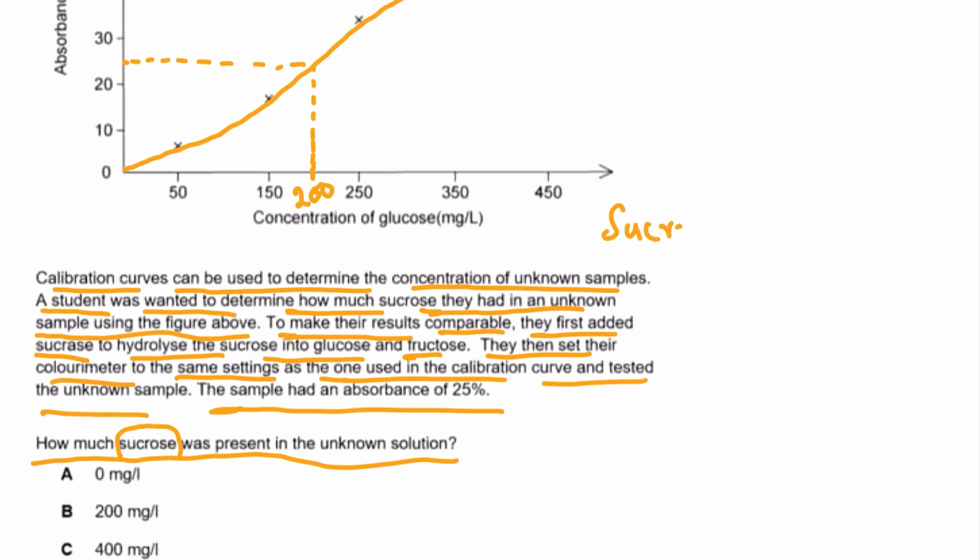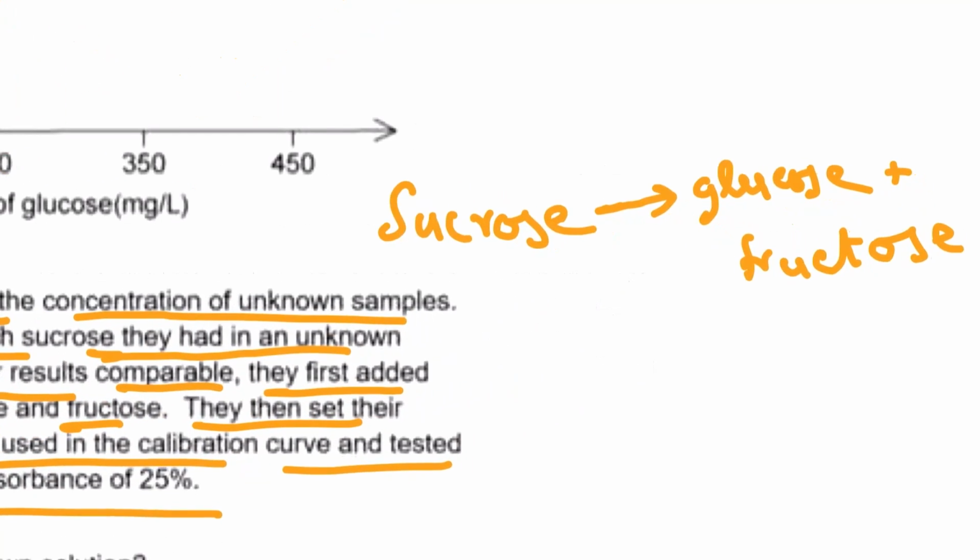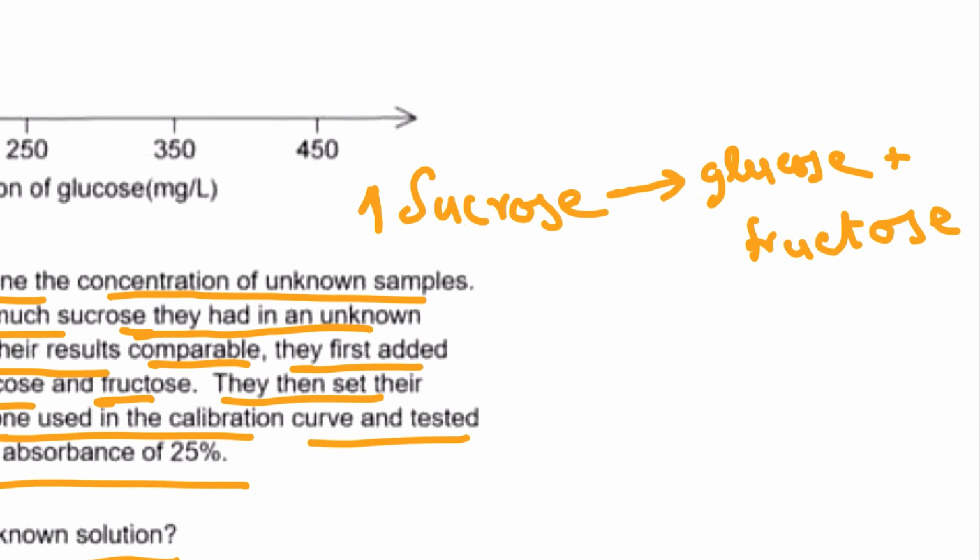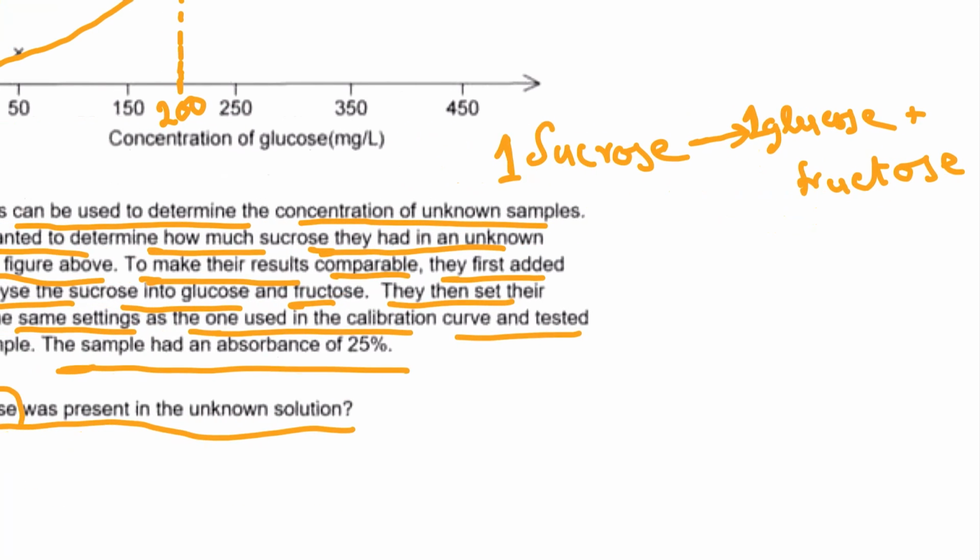Okay. So if we talk about sucrose, when hydrolyzed it is broken down into glucose plus fructose. And we can see that the ratio is 1:1 between sucrose and glucose. Even if we draw a chemical equation, this will be C12H22O11. This is sucrose.